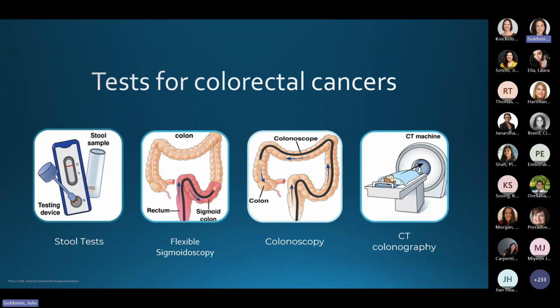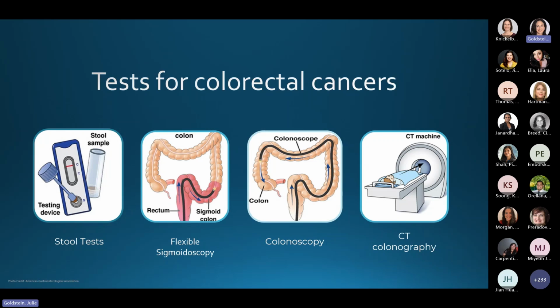This does require prep, meaning that your colon has to be cleaned out prior to examination, and you are under sedation during this process. And this really is a camera into the inside of your colon where a physician can take a good look for any polyps, cancers, or any other abnormalities within the colon.